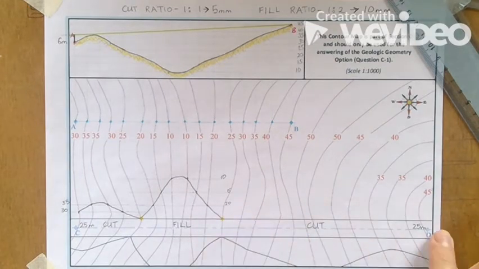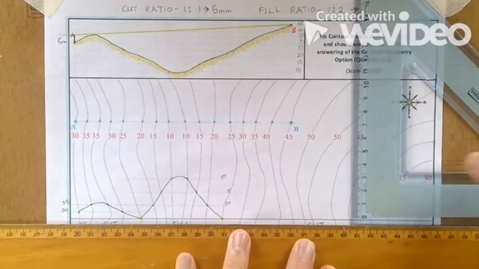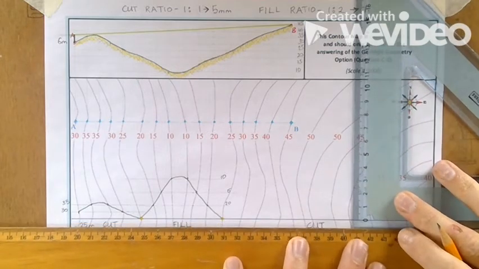The last part then is again a cut. So what we're going to be doing is the interval is going to be 5 meters.